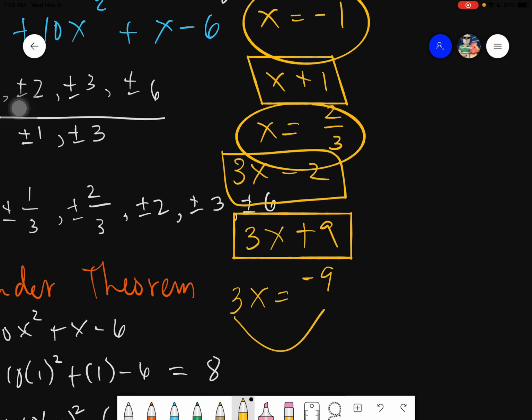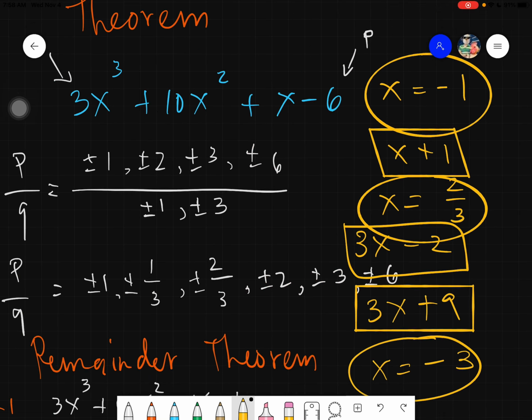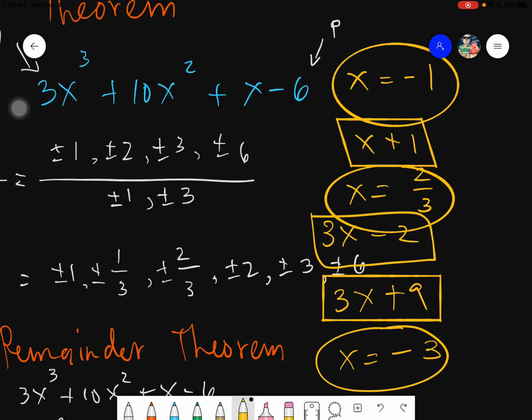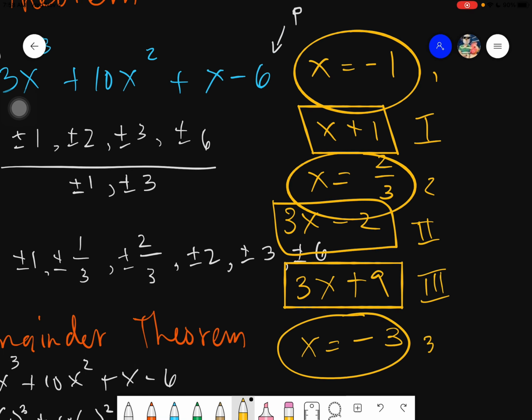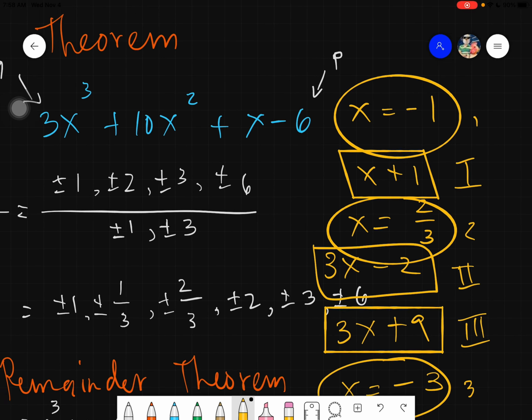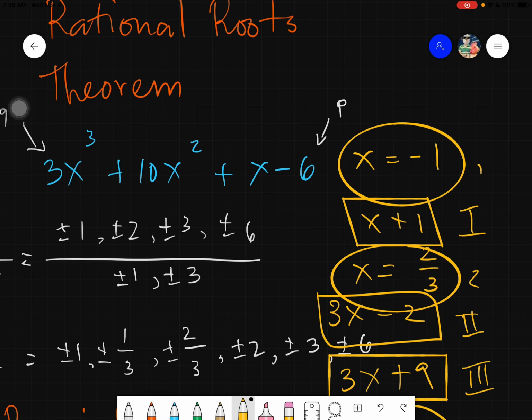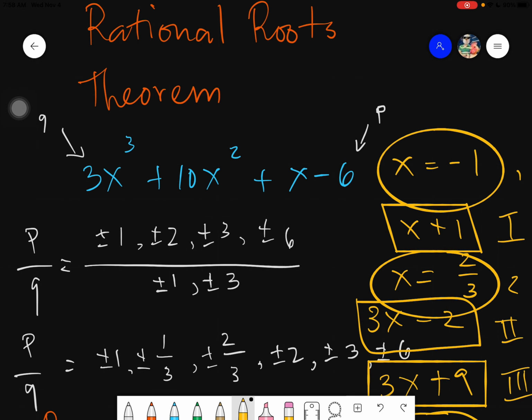You have 3 here still, so transpose that, so it becomes divided by 3. 9 divided by 3, the answer is of course negative 3, and this would be your other 0. Again, you have a cube here, therefore you will have 3 zeros, 1, 2, 3, and you will have 3 factors, 1, 2, and 3.